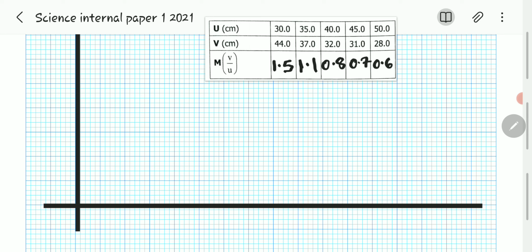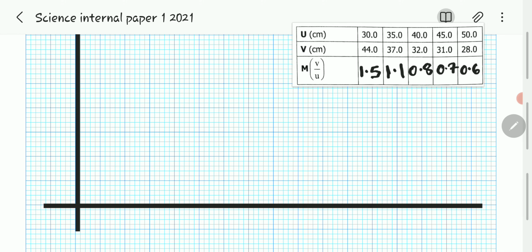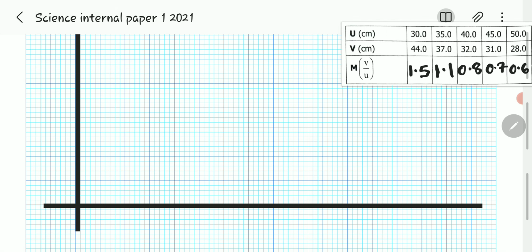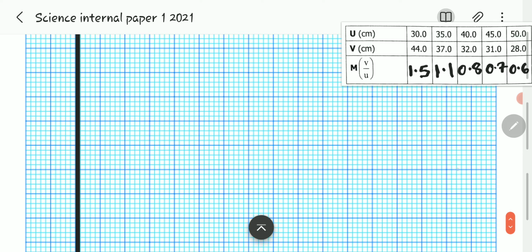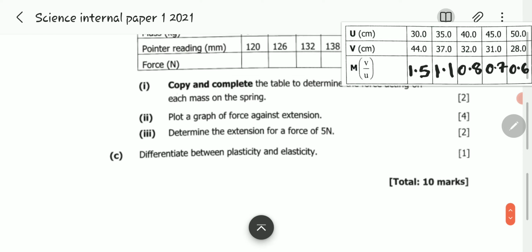All right, now what we need to know about plotting a graph, other than just having these values with us, is that one, every graph that you plot should have a title. And already they've given us the title.